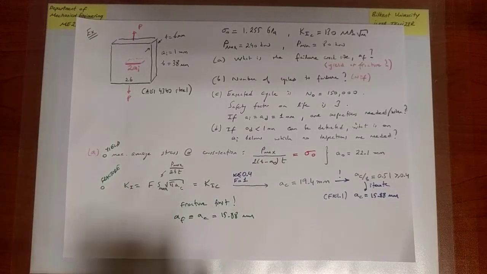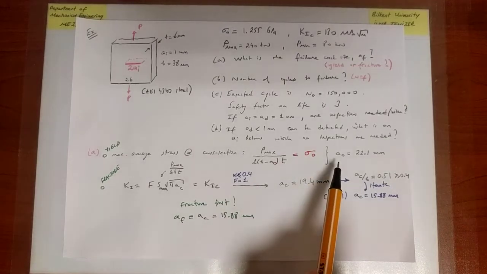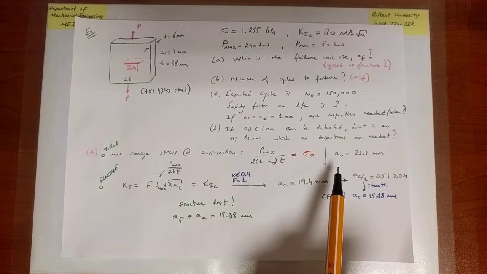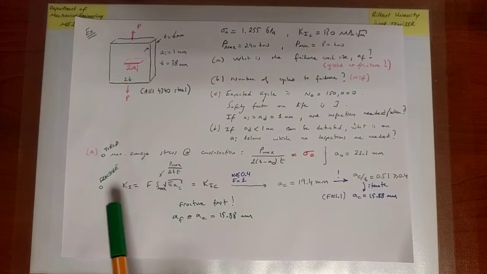But the rest of the analysis really does not depend on whether AF or AC or A0 happens first. What just matters is I identify the correct value of the final crack size for failure, and we've done that. Okay, so that takes us through part A.